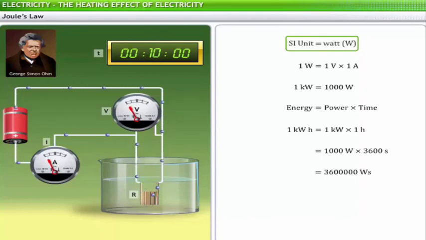Simplifying the expression, 1 kilowatt hour is equal to 3.6 into 10 power 6 watt seconds. As 1 joule equals 1 watt second, 1 kilowatt hour equals 3.6 into 10 power 6 joules.